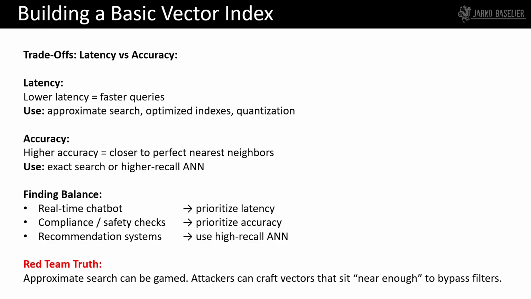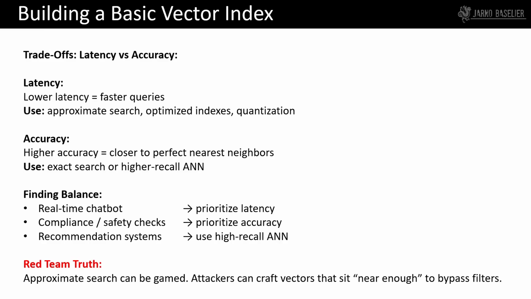With lower latency, we will have faster queries, and the way to get there is approximate search, optimized indexes, and quantization. But with higher accuracy, we will have closer to perfect nearest neighbors, which we get with exact search and high-recall ANNs. So we need to find a balance between these two.